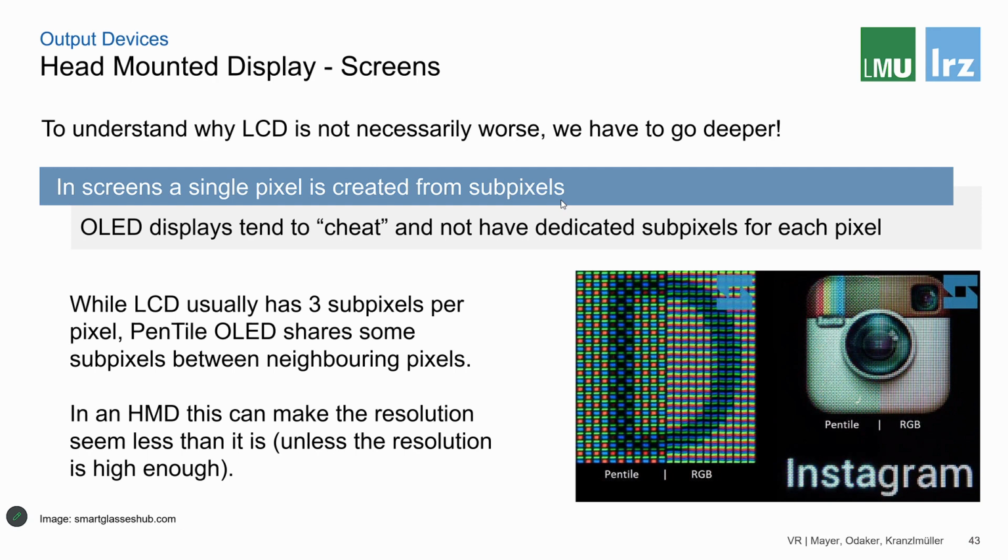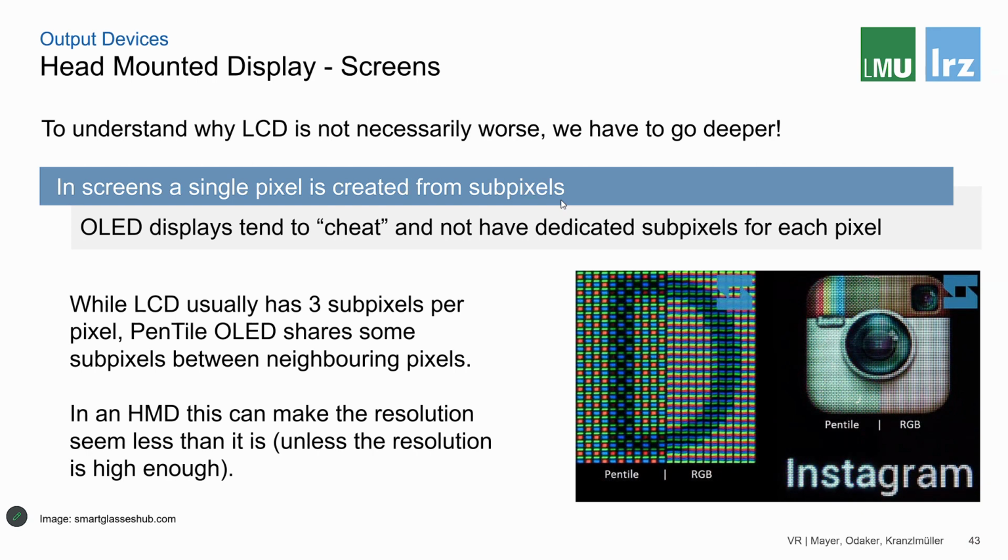In the image on the right, you can see the pentile and RGB layouts. In the RGB, everything is the same. The pentile is a repetitive pattern, but you can't clearly identify one subpixel or which subpixels belong to one pixel, because some of those are shared.